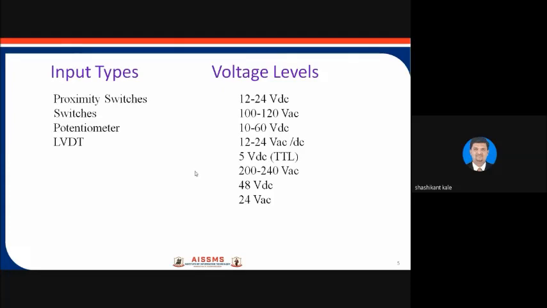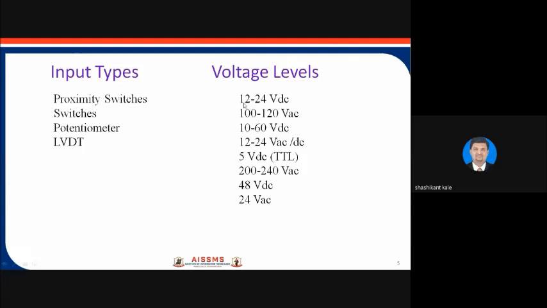So these are the various input types, and various voltage levels are mentioned in the input types which are available in the market. Proximity switches, potential, and LVDT, and it can be with 12 to 24 volt DC, 100 to 120 volt DC, mostly in America, 10 to 60 volt DC, 12 to 24 volt DC, 5 volt DC, which is the TTL logic, 200 to 240 volt AC, which is Indian standard, we can say, and 48 volt DC, sometimes 48 volt DC, and most of the time 24 volt.